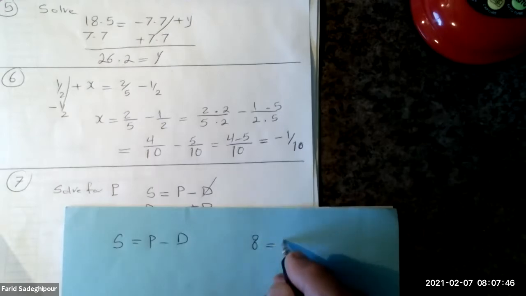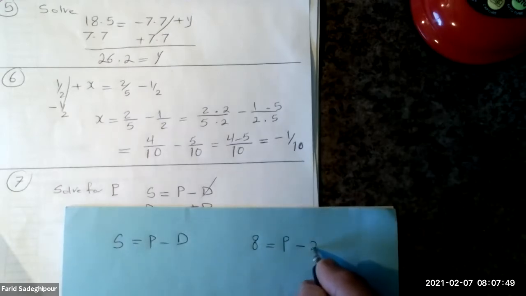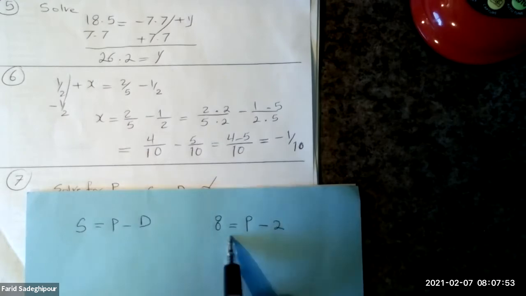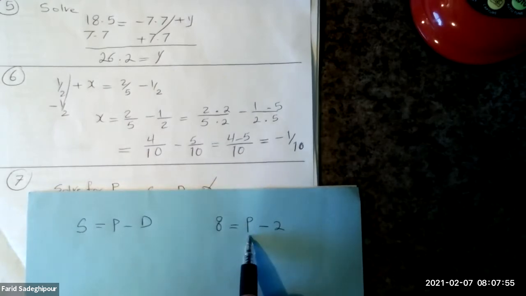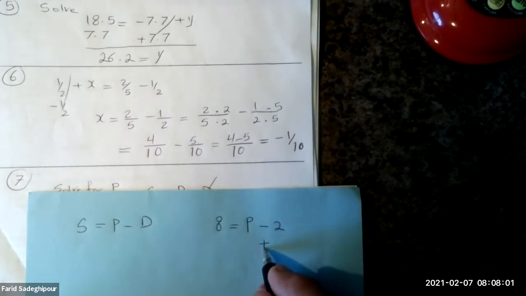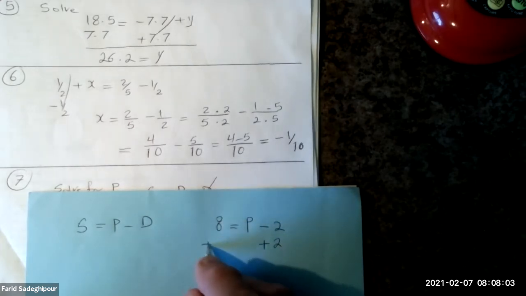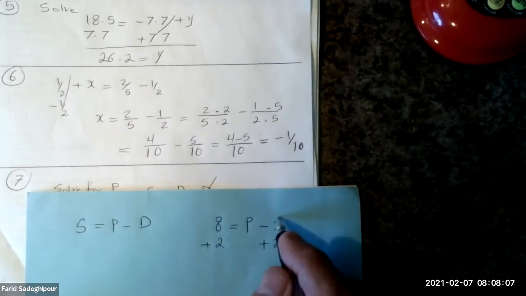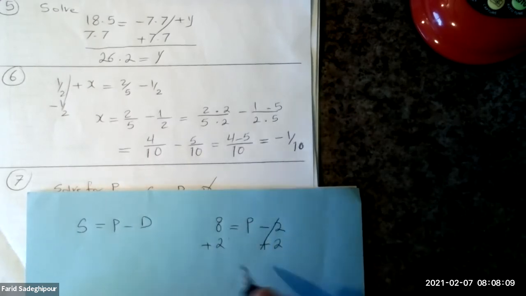Let's assume that you have these numbers. How do I solve this for the variable of p? Don't you need to take -2 to the other side? Don't you need to do this? Right? The same thing here.